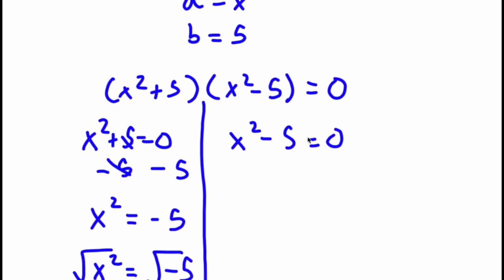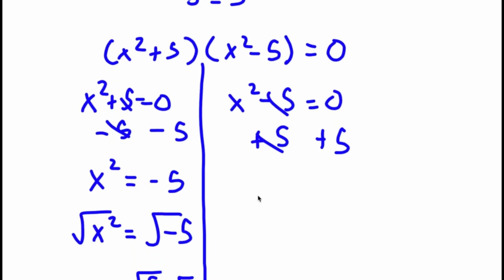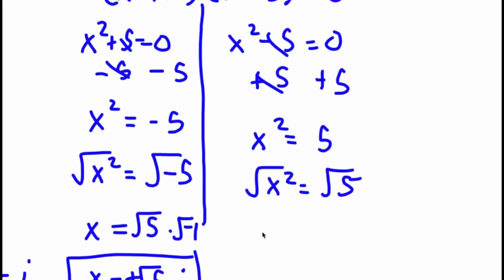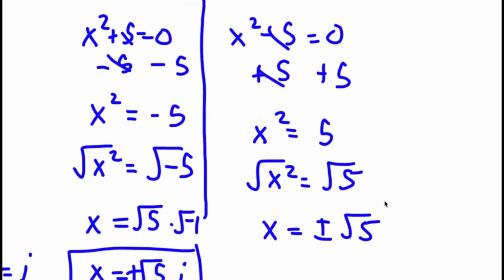Now for x squared minus 5 equals 0, I'm going to add 5 on both sides, so then these two cancel out, and now I'll have x squared is equal to 5. Now, if I take the square root on both sides, the square root of x squared is x, and the square root of 5, that's positive or negative square root of 5.